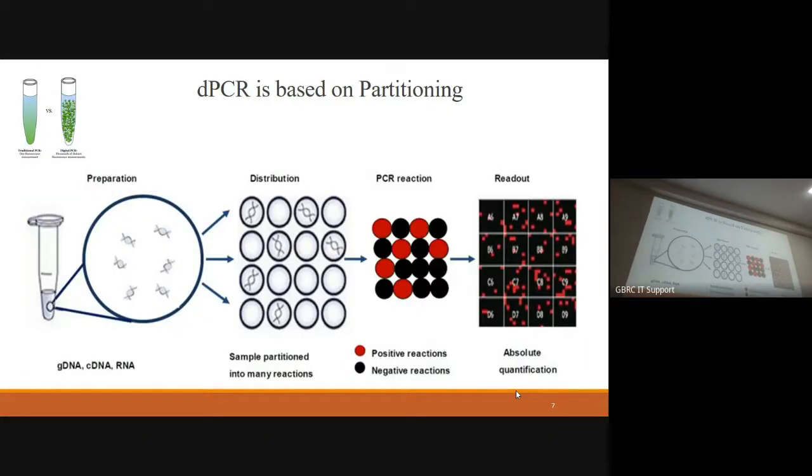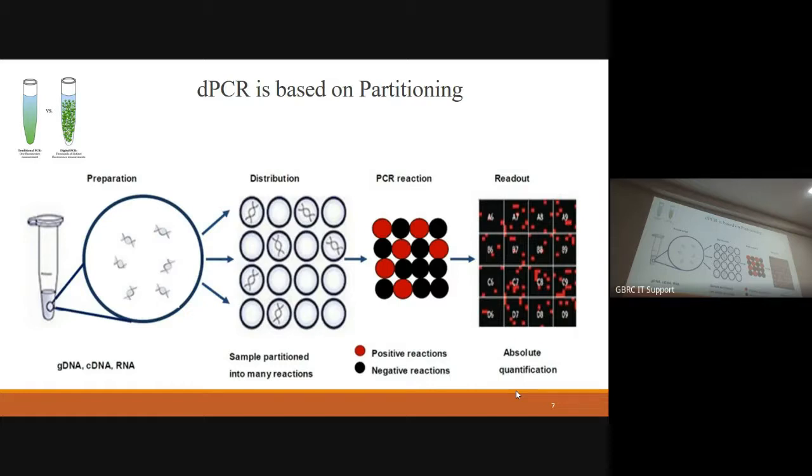So the actual overall digital PCR, by any platform, works on the basis of partitioning. You can have anything, genomic DNA, cDNA, RNA, any sample you are putting into your PCR mix, and that will be distributed into thousands of partitions. Then all the individual partitions act as individual PCR reactions and will amplify your targets.